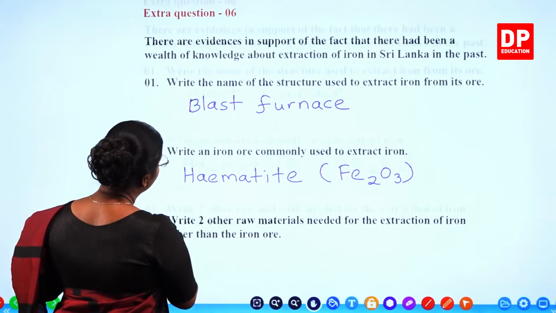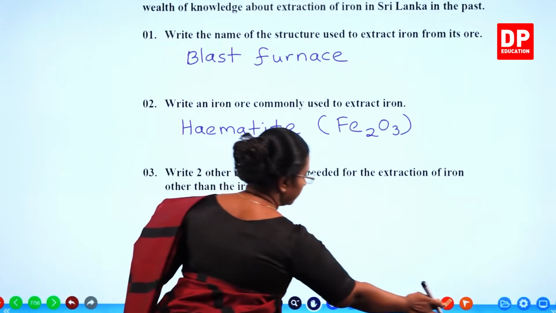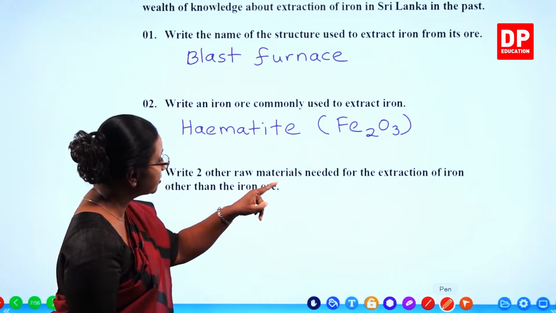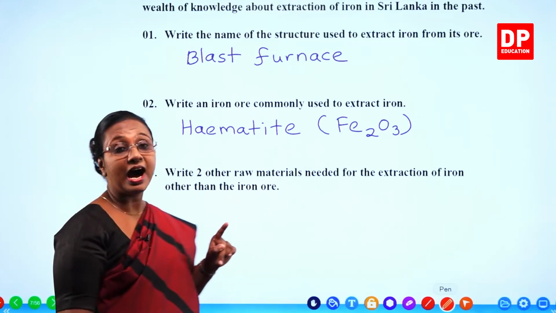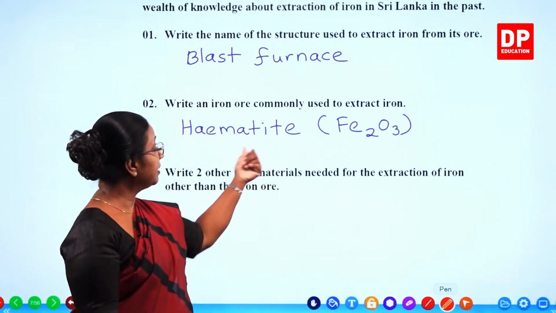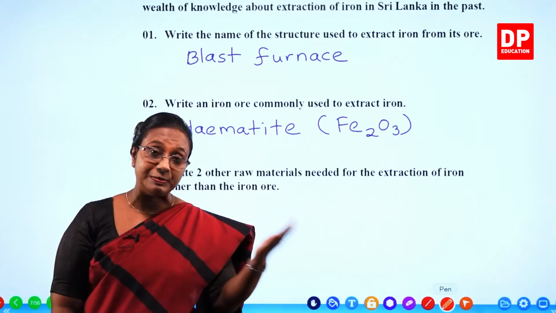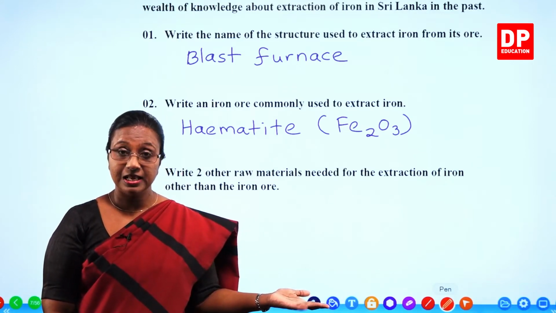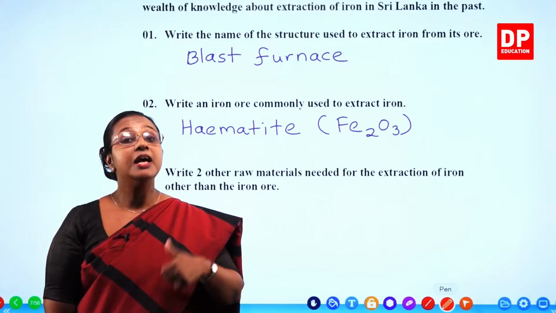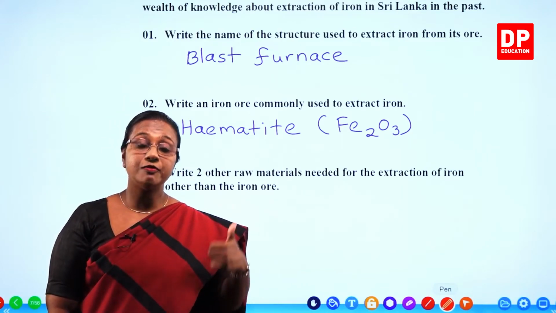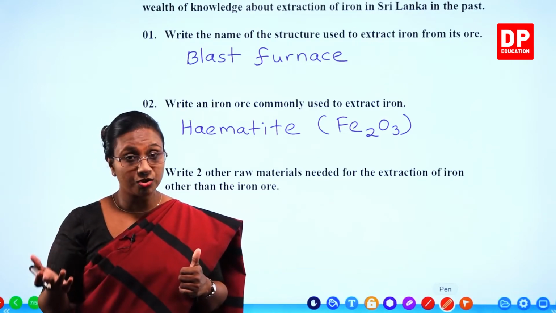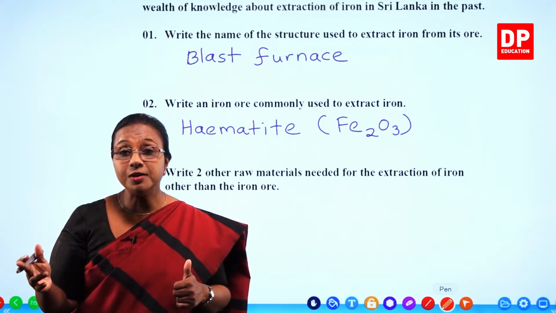Then the third one: write 2 other raw materials needed for the extraction of iron other than the iron ore. You can remember, students, there are 3 raw materials. Hematite contains iron, so we extract iron from hematite. Then there is coke. Coke is carbon. Why do we use coke? Carbon reacts with oxygen forming carbon dioxide. Again, carbon dioxide reacts with carbon forming carbon monoxide.